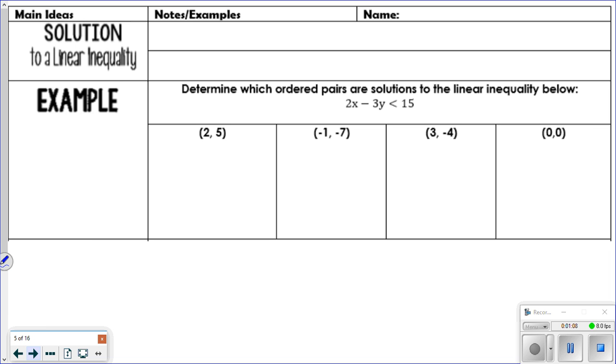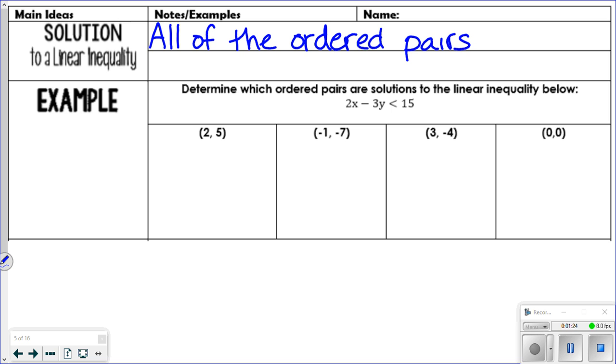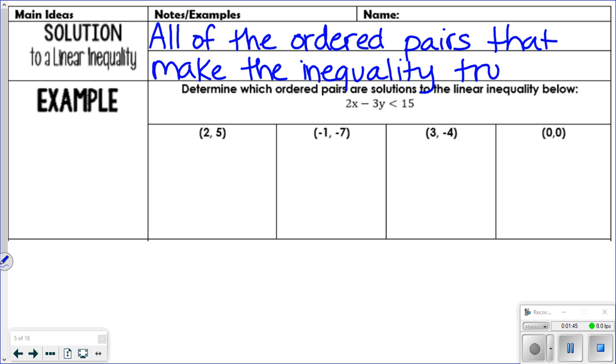A solution to a linear inequality is all of the ordered pairs, so parentheses x comma y, that's an ordered pair, that make the inequality true. Or if we're looking at our graph, this would be the shaded region, the solution region.